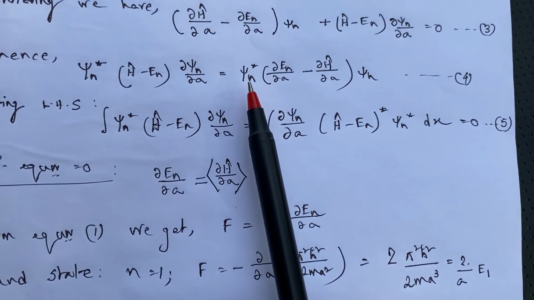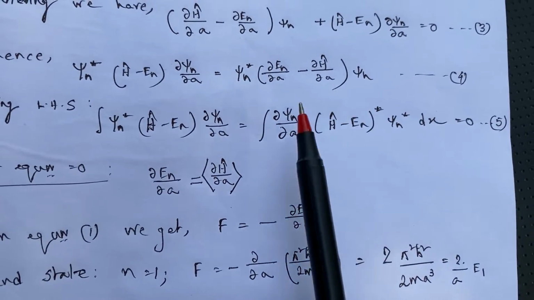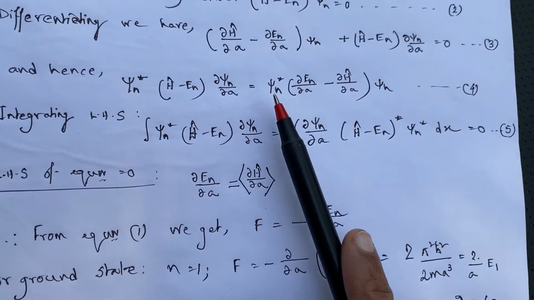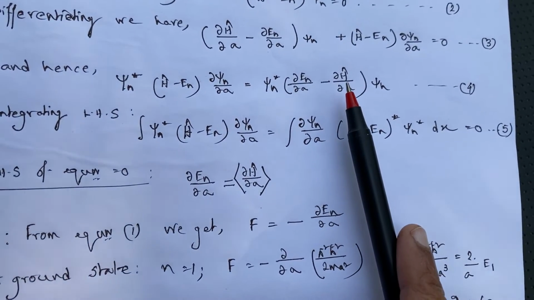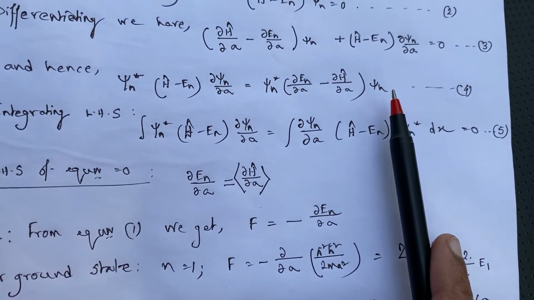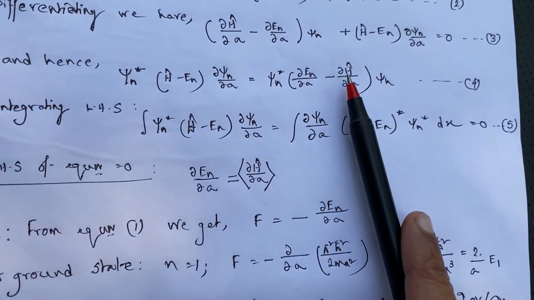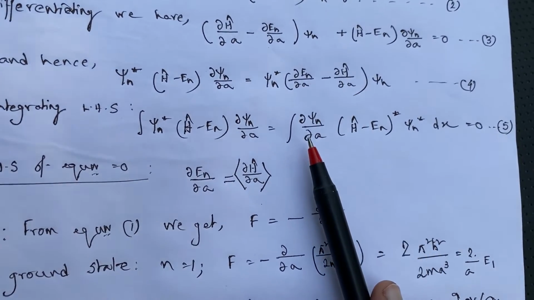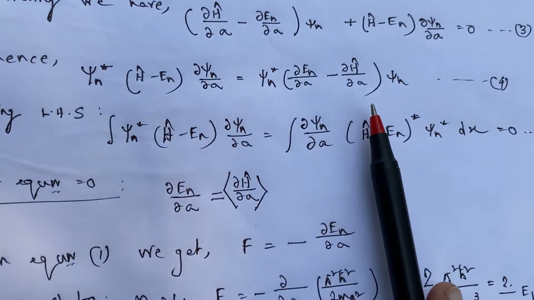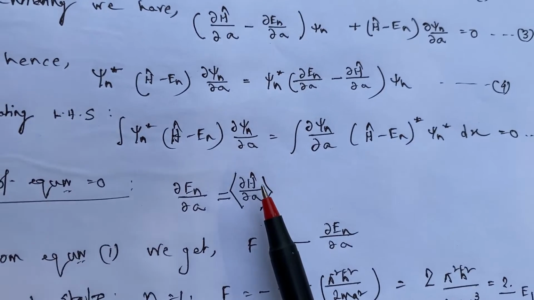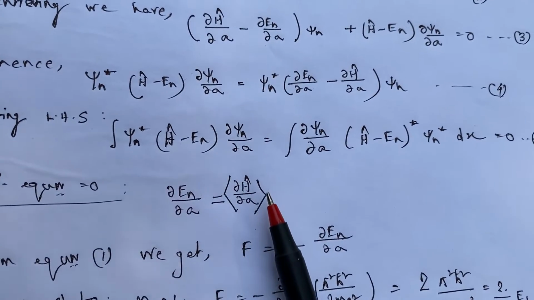So as the right hand side is equal to 0, we have this, because psi n star del del A of Hamiltonian psi n is basically the expectation value of del del A of the Hamiltonian in the state psi n. So this is del del A of the Hamiltonian and the expectation value.